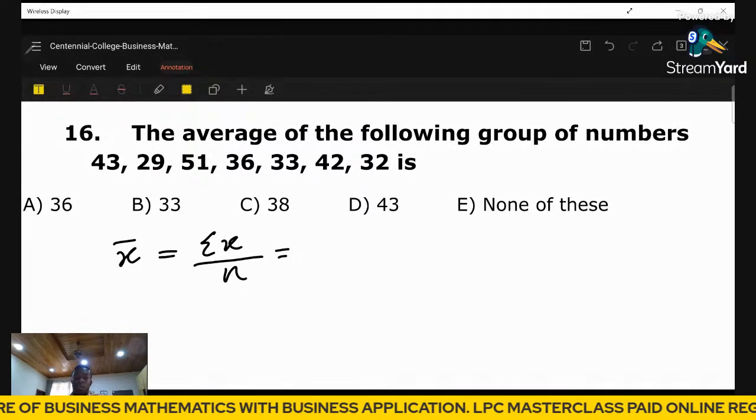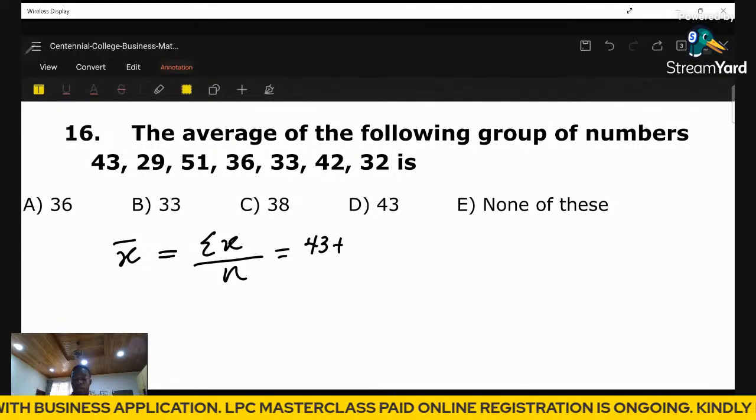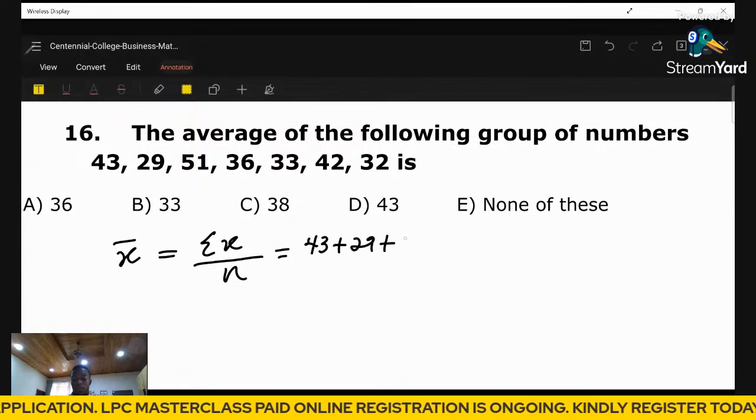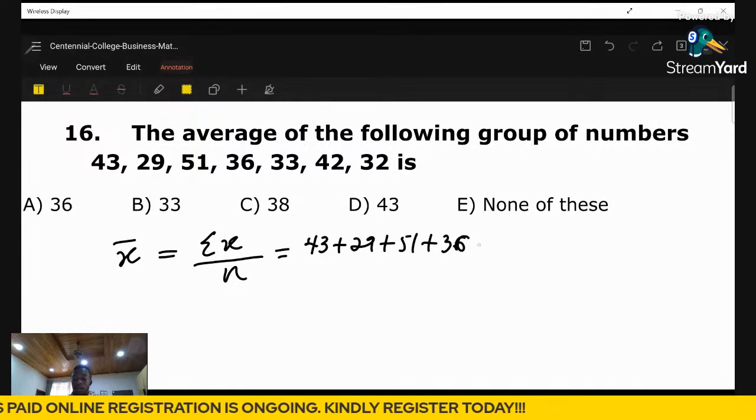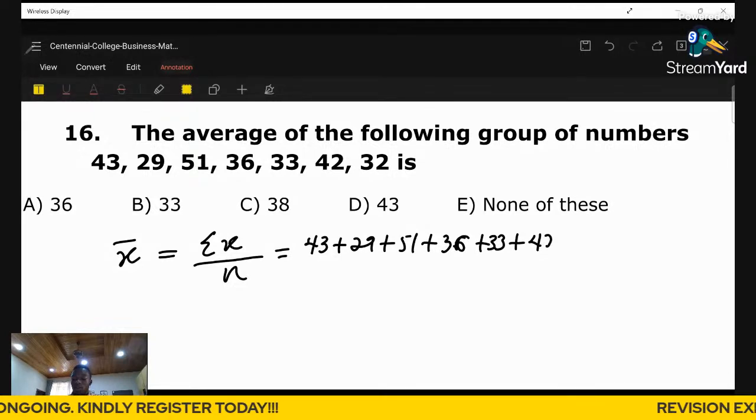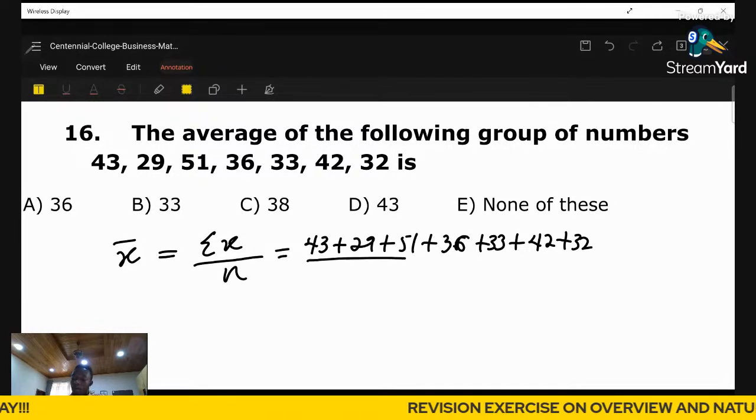So let's sum up these numbers. That's going to be 43 plus 29 plus 51 plus 36, plus 33 plus 42 plus 32, right? And then divide all by the total.